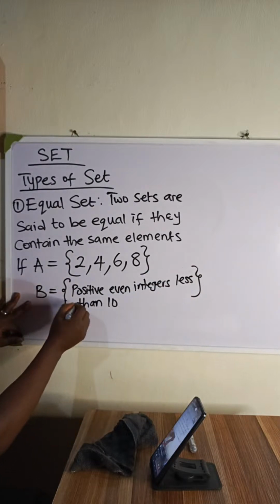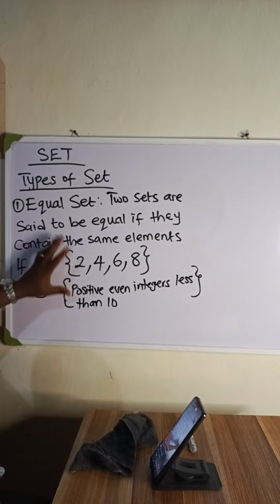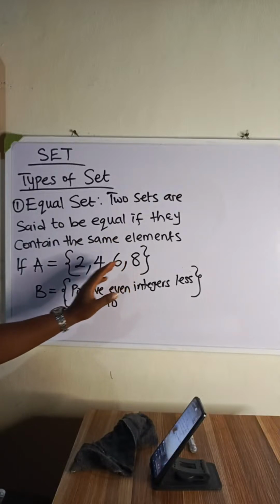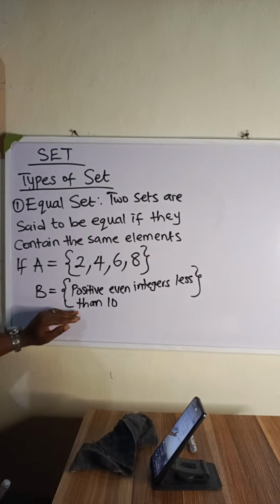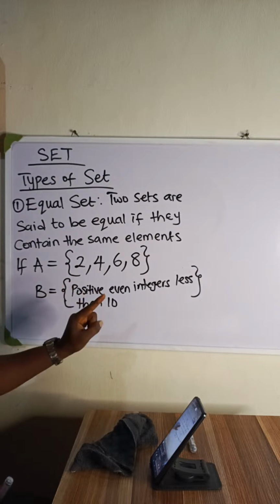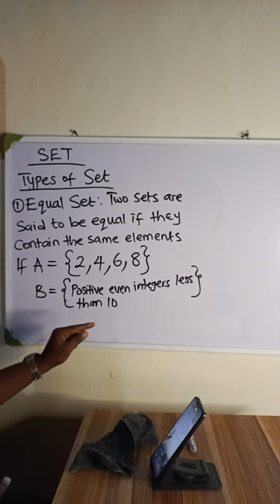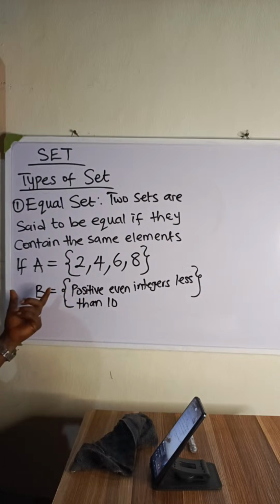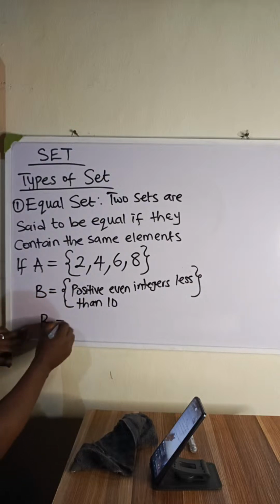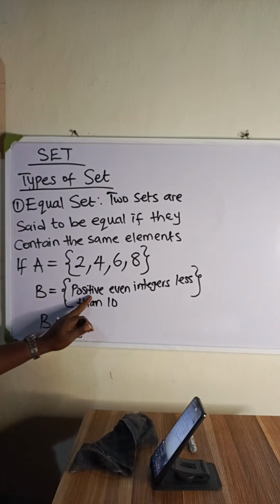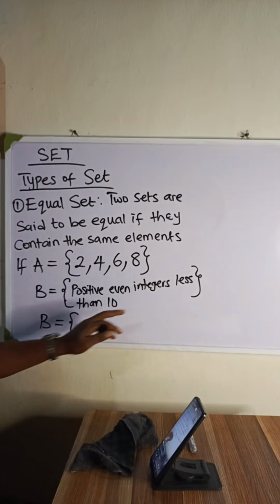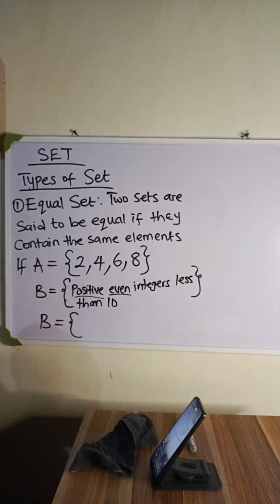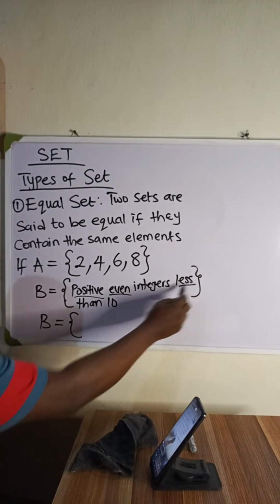These are two sets. The first set, A, is 2, 4, 6, 8, and set B is positive, even integers less than 10. So if you want to translate this from words to numbers, B is going to be equal to positive, even integers. So the values are positive, the values are even, and the values are less than 10.